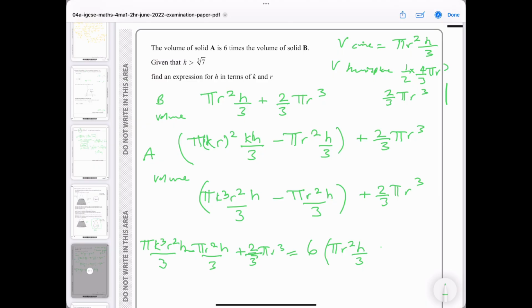I'm supposed to put that over everything.